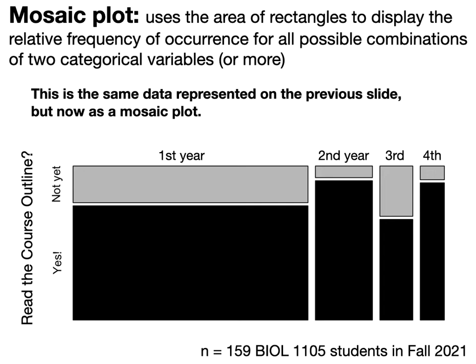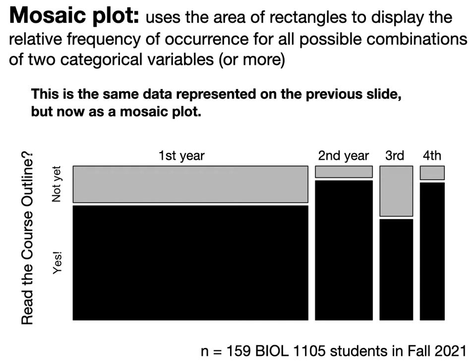And it's much easier to see, I think, from this plot that the majority of students had read the course outline, and that it differed a little bit in the different years, but I don't really see a consistent trend. For whatever reason, second year students and fourth year students were more likely to have read the outline. I'm not sure why third year students were a little bit less likely to have.